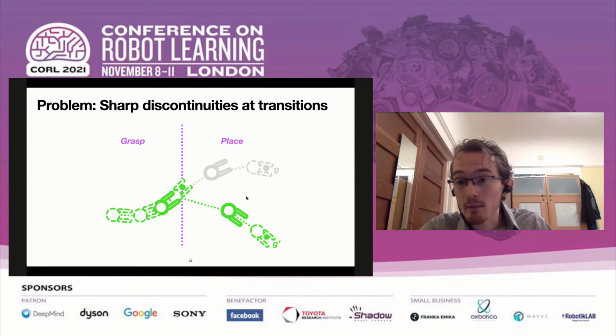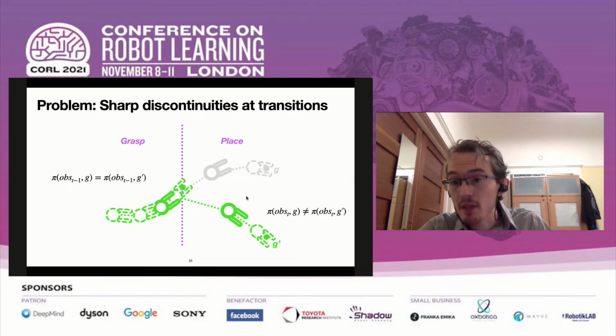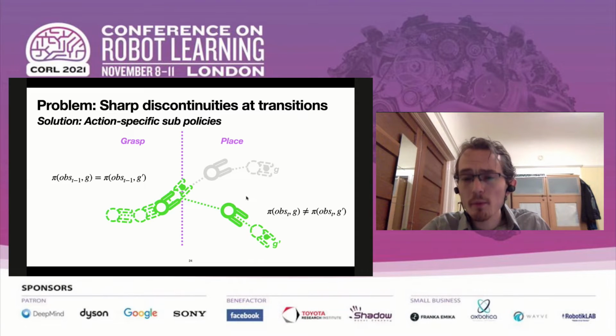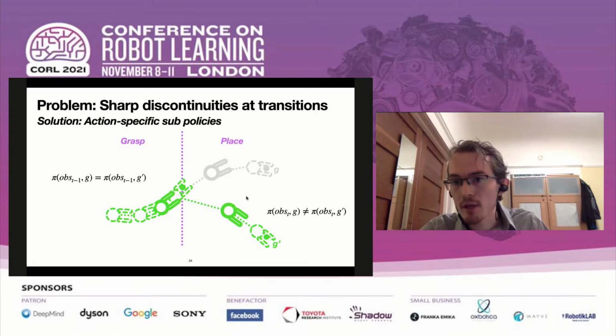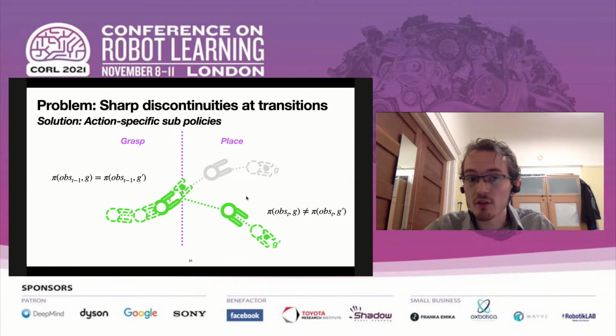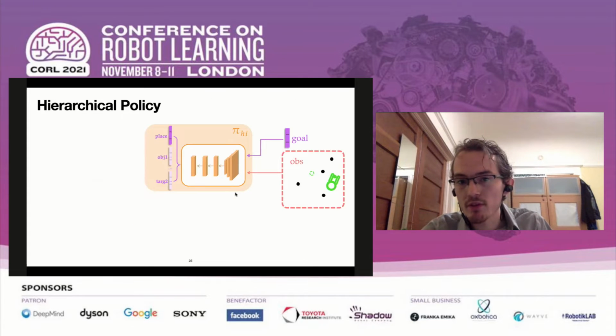This isn't the only place this happens. We also see what happens if we change the goal. The controls for the grasp action are the same because the object hasn't moved, but the place action has to diverge to this new location. So how might we go about handling this? Well, we build in action-specific subnetworks, things that will account for each type of action we can see without worrying about the transitions. And concretely, what this looks like is we have a hierarchical policy.